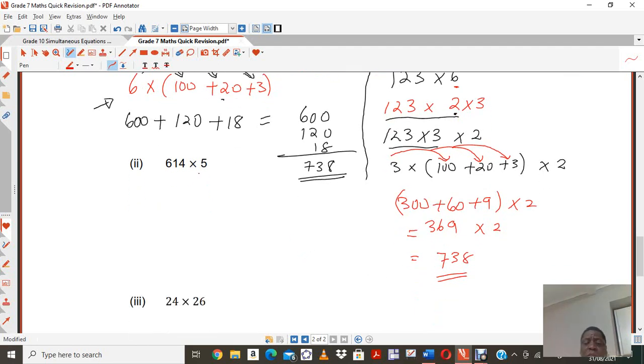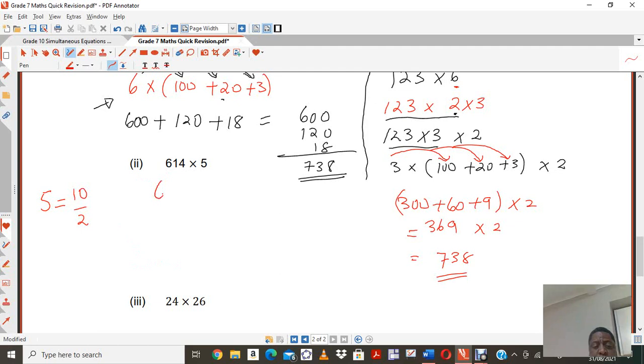Right, I have a little catch here when you multiply a number by 5. And here's what I want you to do. I want you to take note that the number 5 is nothing but half of 10. I hope everybody understands that. So this is what you're going to do.